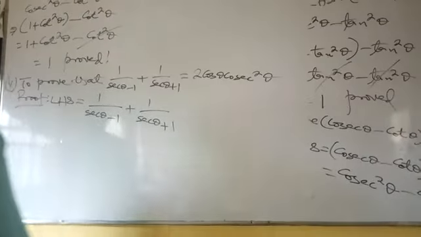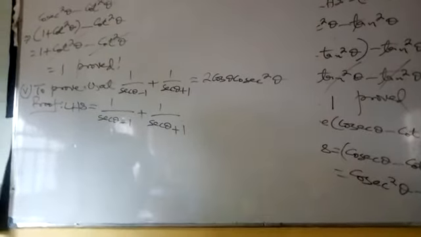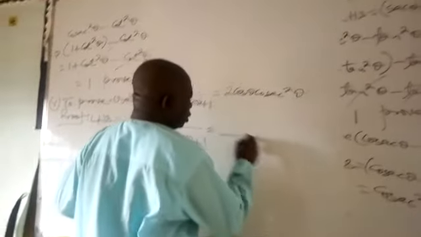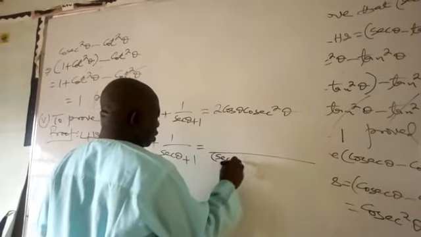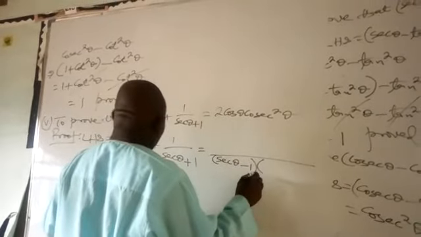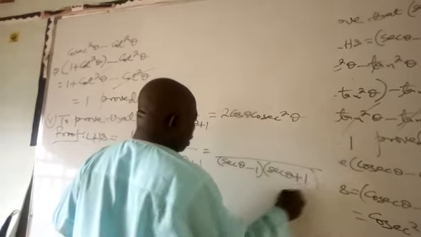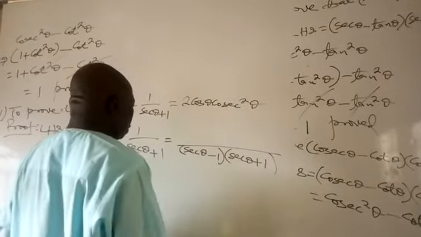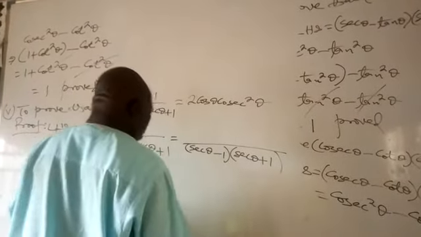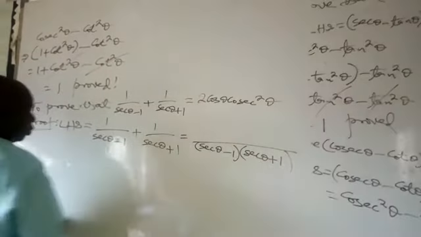So here, what do I do? I take the LCM. The LCM is sec theta minus 1 into sec theta plus 1. Again, this is the factorization of a difference of two squares.